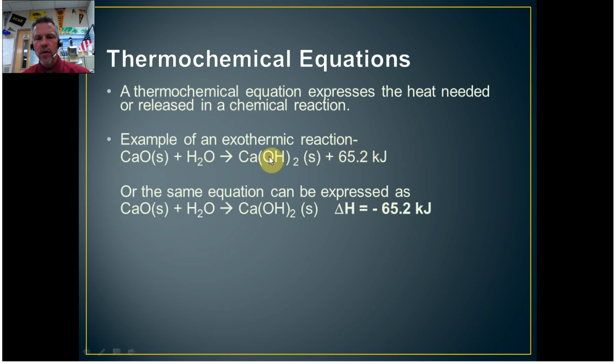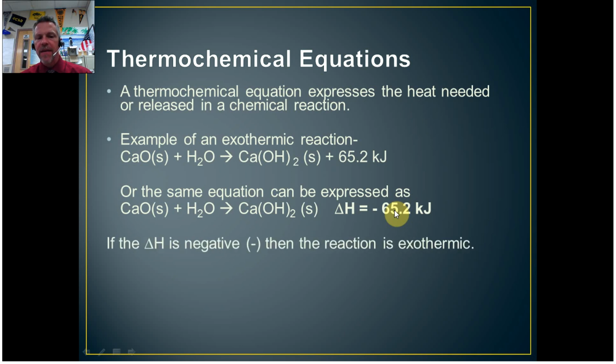In this earlier example up here, we can see that the heat term is part of the reaction because of this plus sign that holds things together. And we're showing the heat term on the product side, which means heat is a product, or heat is being produced, which means it's exothermic. Down here, we wouldn't know that unless we had a negative sign in front of this 65.2 term to tell us that it's an exothermic reaction.